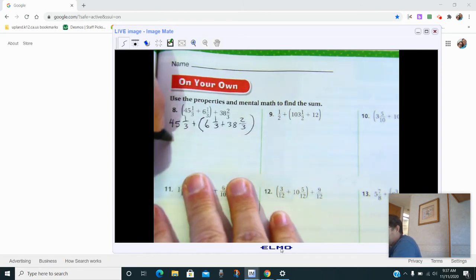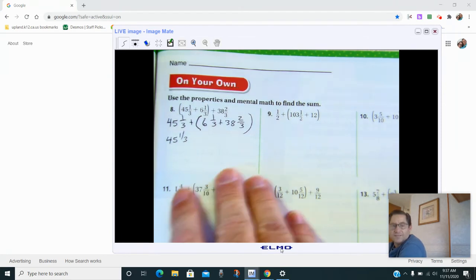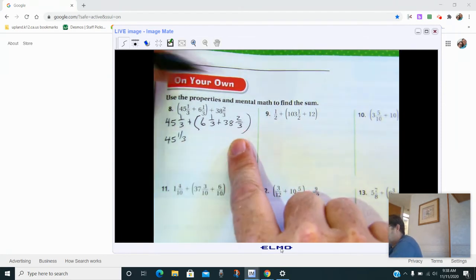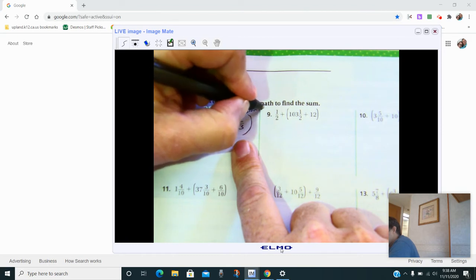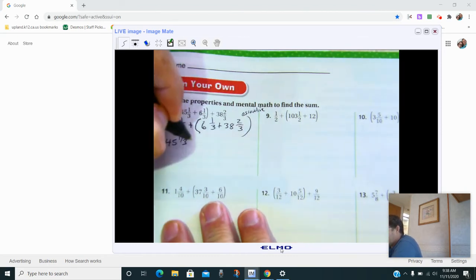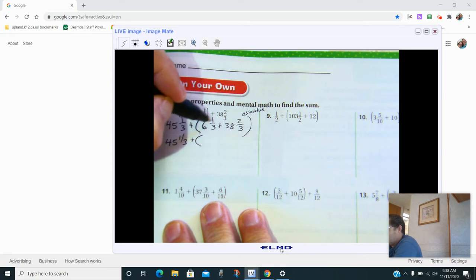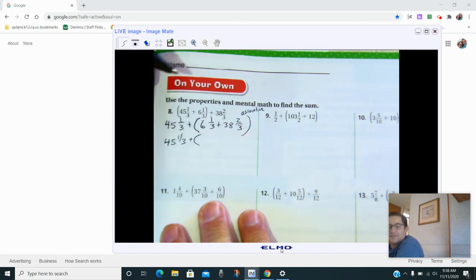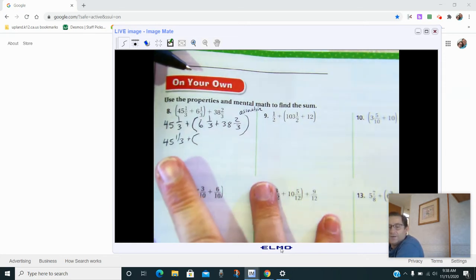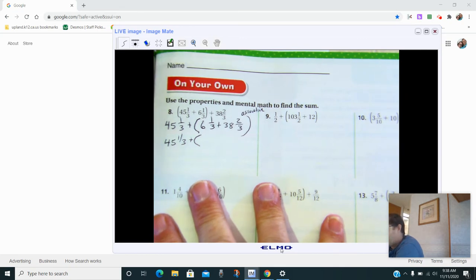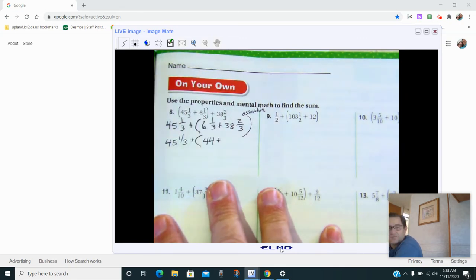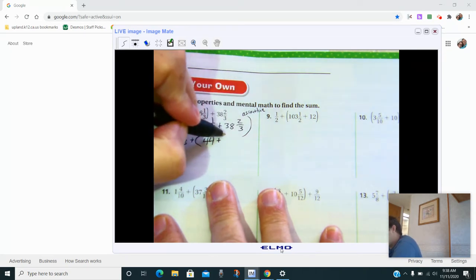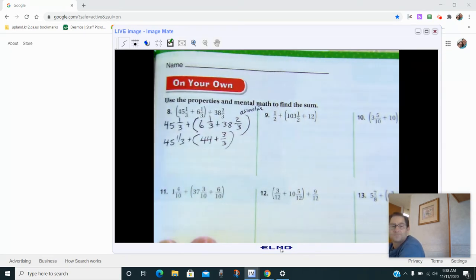All right, so we're using the associative property here to do that. And so 38 and 6: 38, 39, 40, 41, 42, 43, 44. 44 plus the fraction part, 1/3 plus 2/3 is 3/3.